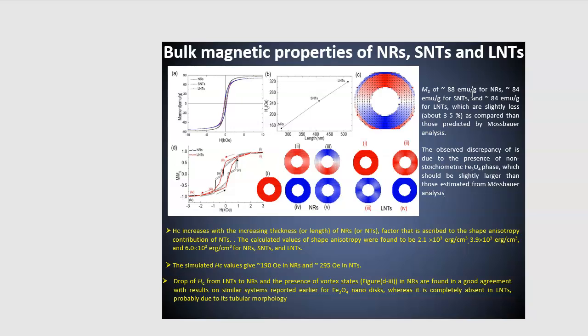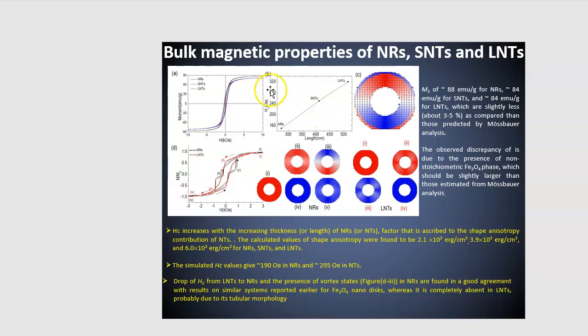But if we compare with the value we observed from Mossbauer spectroscopy, there is some discrepancy, which can be due to the presence of a larger amount of non-stoichiometric iron oxide phase.